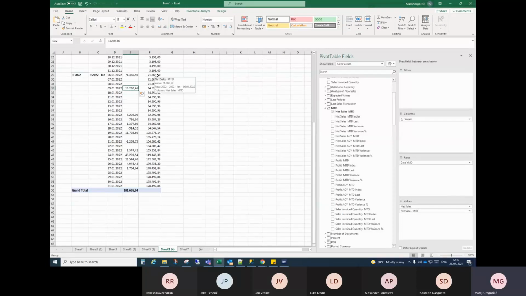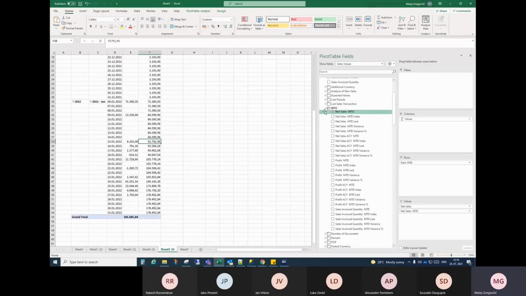But here on the month to date, you will see that up to the 8th of January, we have sold 71,000, the same thing as this for the 6th. There were no sales on the 7th and the 8th. So this will be a sum up to this date. And then on the 9th, we already sold 30,000 and the number will go up and will stay up, because we didn't sell anything through the 15th of January, then it will go up again.